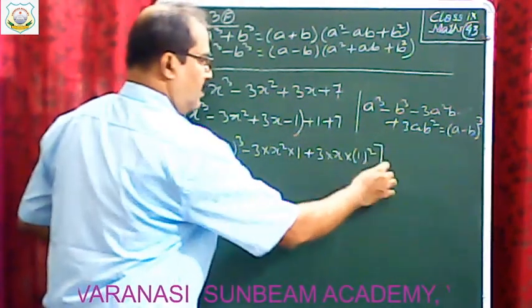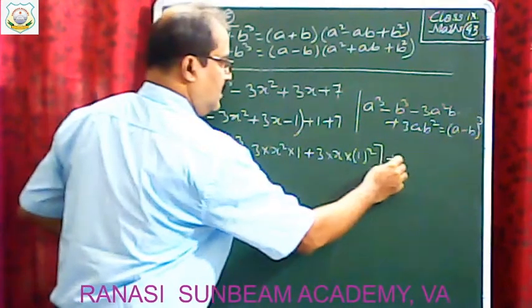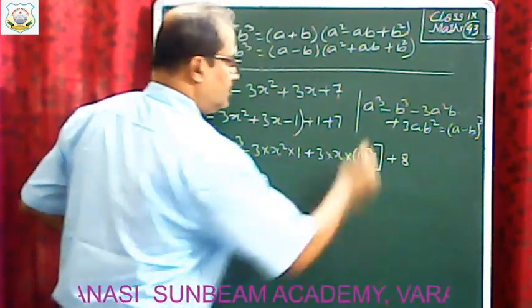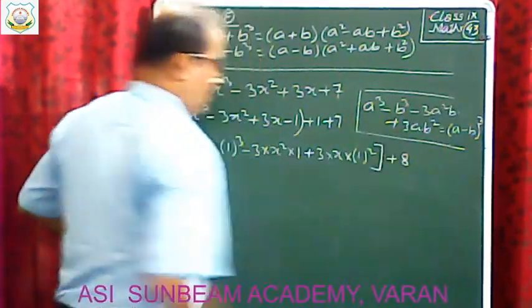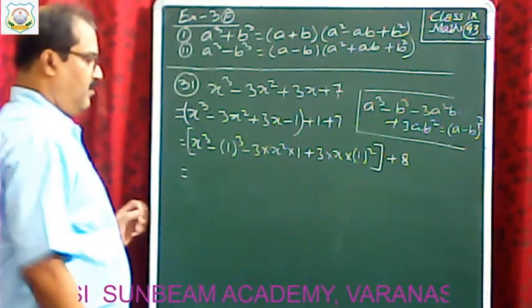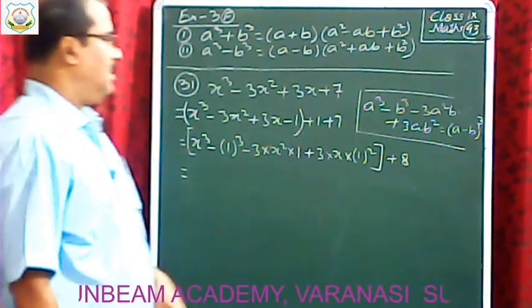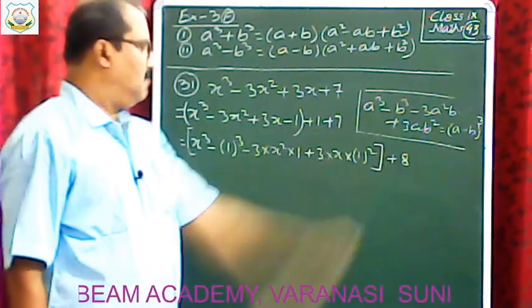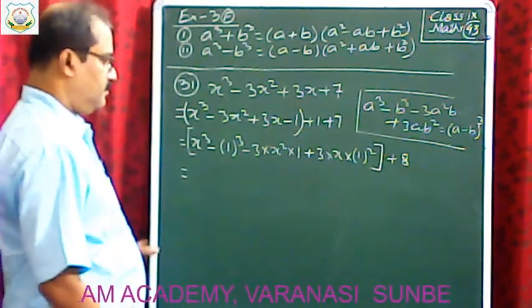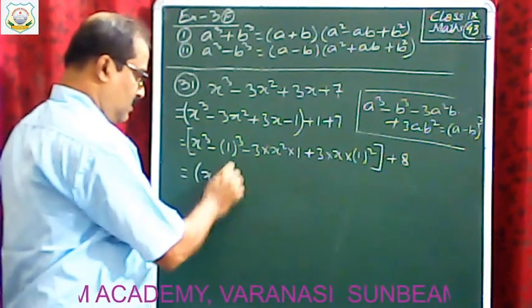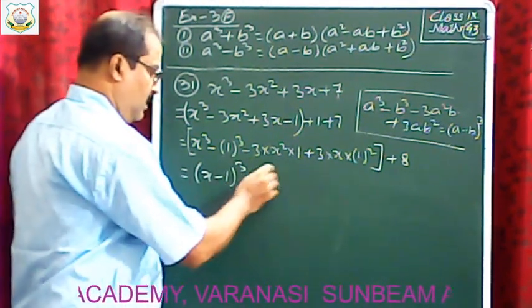And 1 plus 7, that is 8. So now we get the form a cube minus b cube minus 3a square b plus 3ab square, that is equal to a minus b whole cube. So x minus 1 whole cube plus 8.